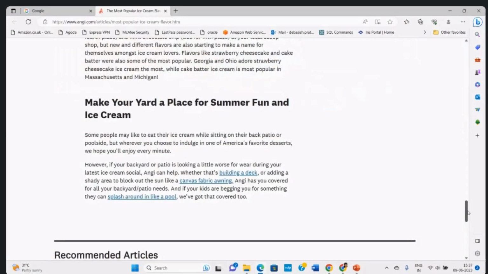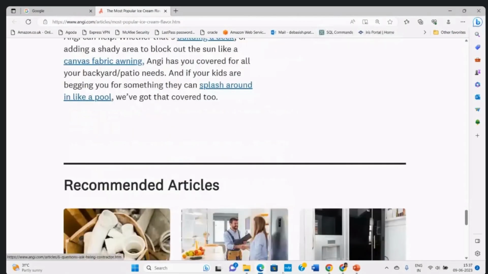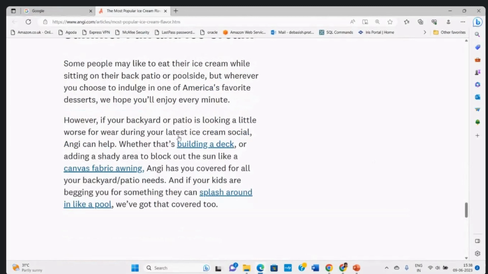Okay. And in the last paragraph of their article, they have written that people like ice cream, but they can make the enjoyment of having the ice cream better. How? Some people may like to eat their ice creams while sitting on their back patio or poolside.